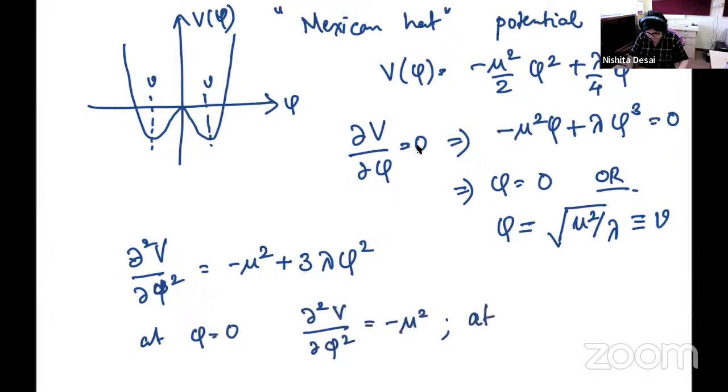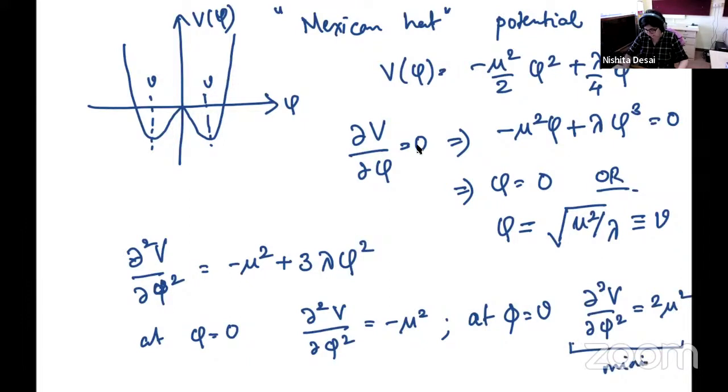At v, you will have essentially 2 mu squared. Okay, so you see that this point is the minimum and this point is the local maximum.